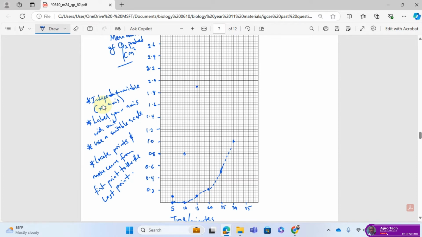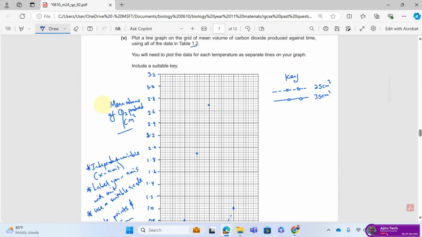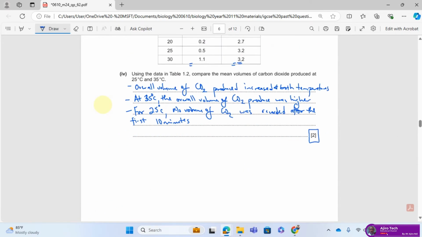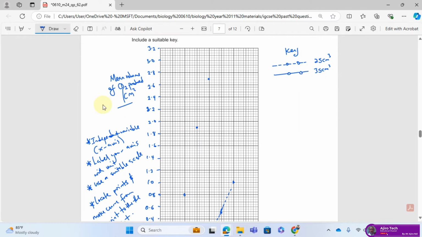Then 2.7. 2.7 is somewhere here. Then we have 3.2 and 3.2. So for the last two units, it stays constant. So we have our graph like that.